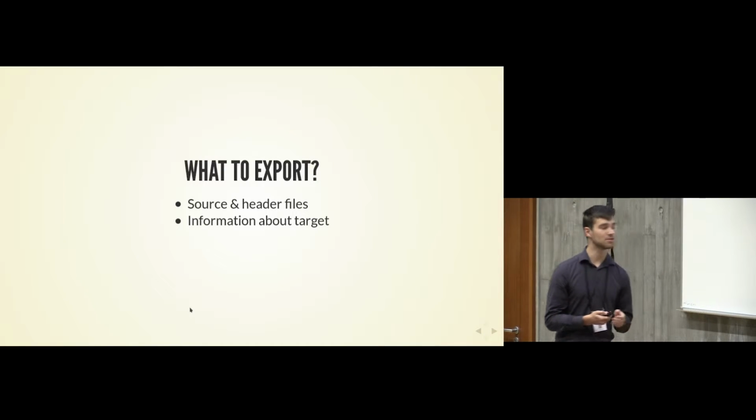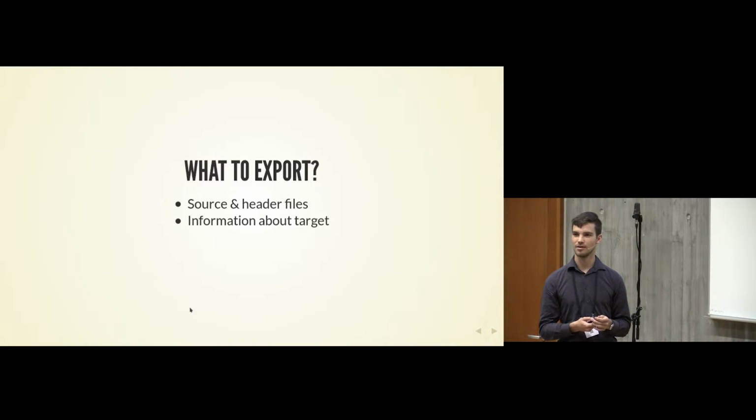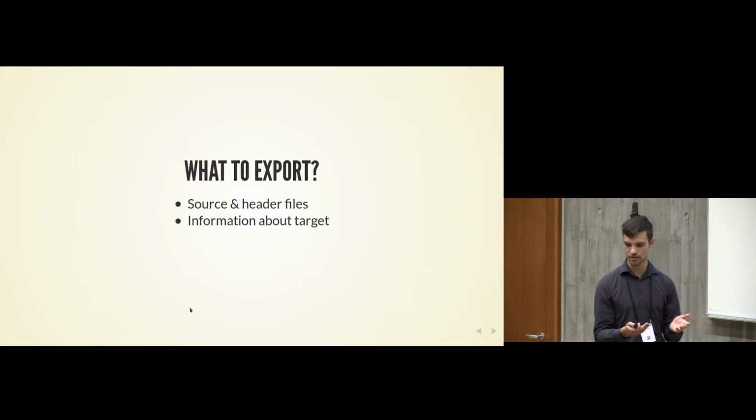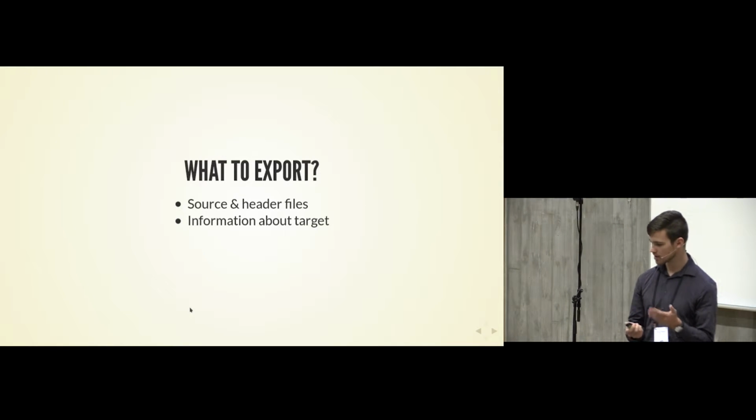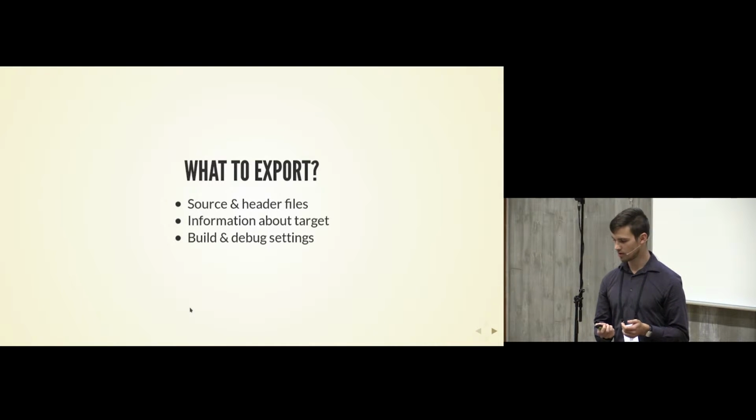Then some information about the target. What kind of target do I have? Is it 8-bit? How much memory do I have? And so on. Some build and debug settings, how to build the firmware, and what kind of debugging hardware to use.